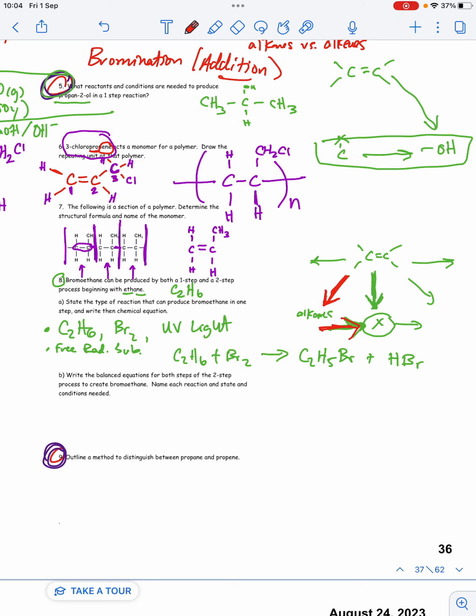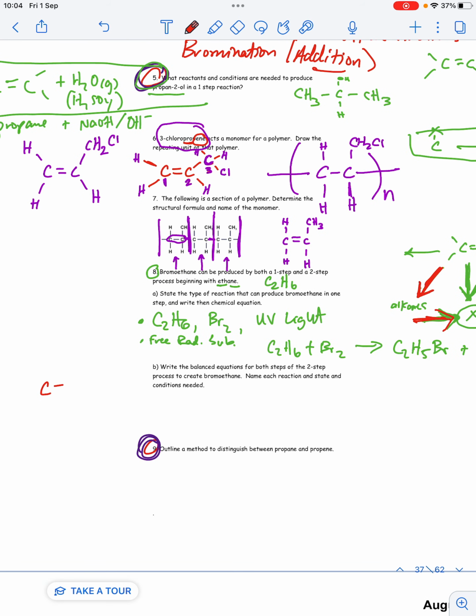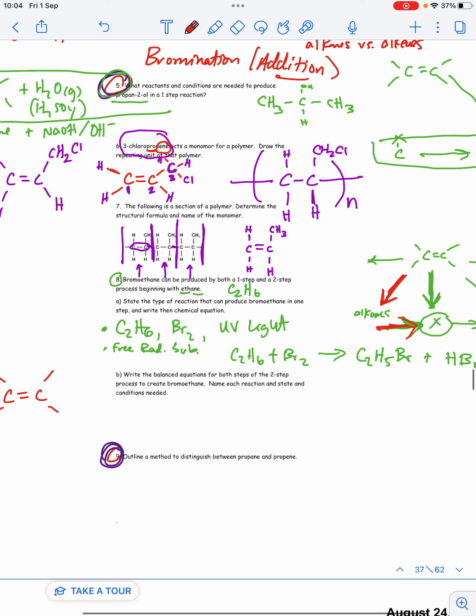So I'm thinking that maybe the two-step would be something where, instead of starting out as an alkane, you actually start out as an alkene. My apologies, that question isn't very clear. It's going to be maybe impossible for you to answer.